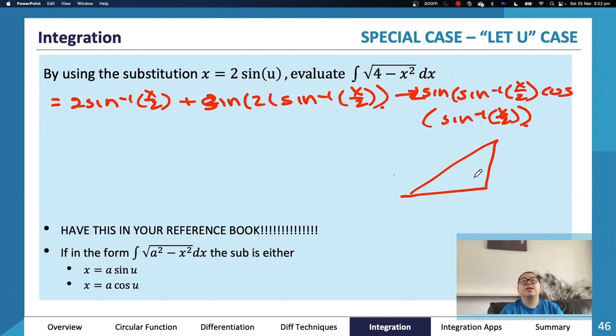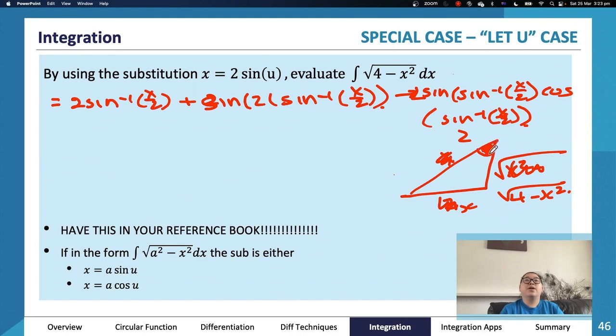Sine, once again, is opposite over hypotenuse. So if we put 2 here and x over here, we would get that this one is just going to be root 4 minus x squared, as the adjacent side to the angle up here.